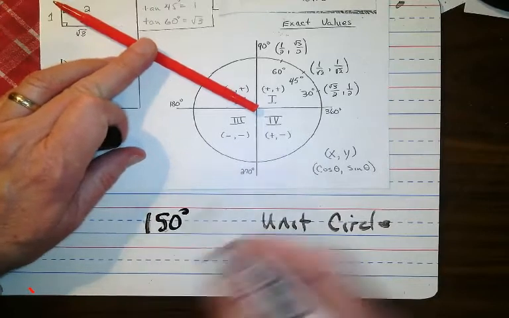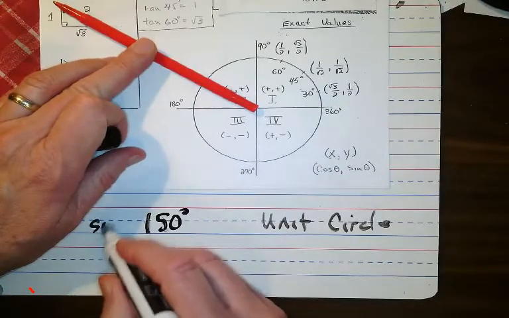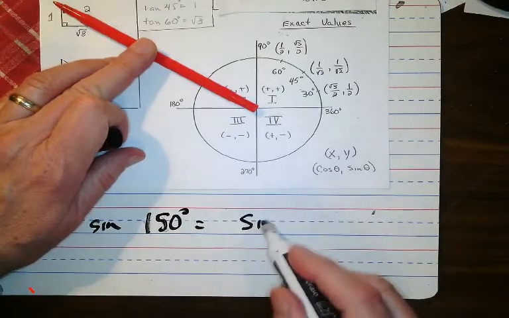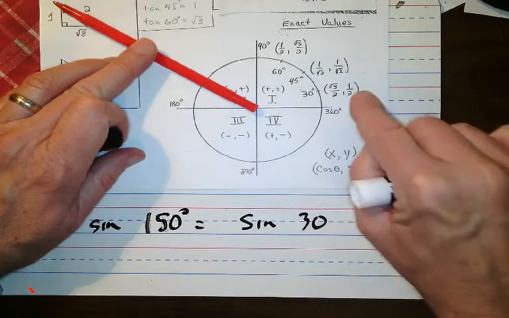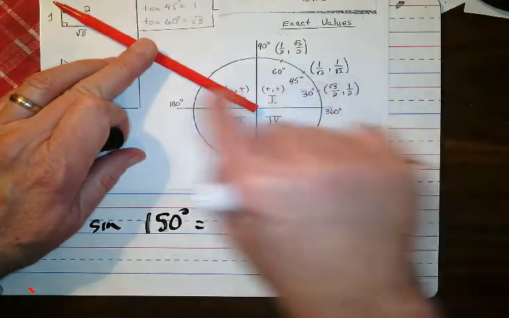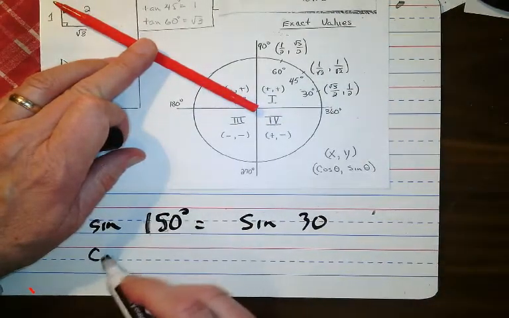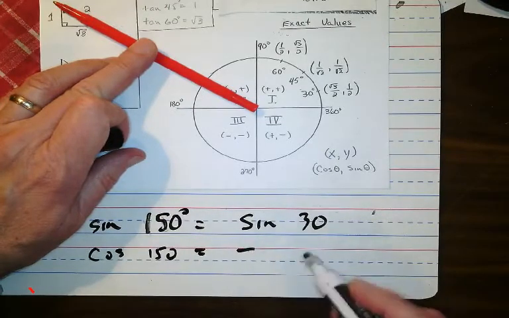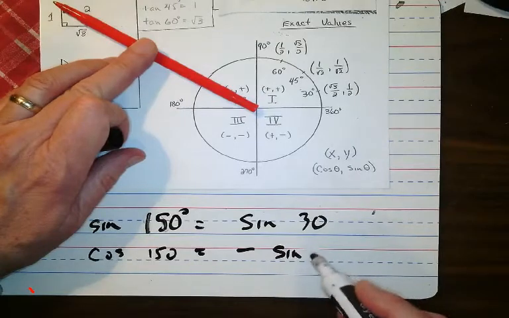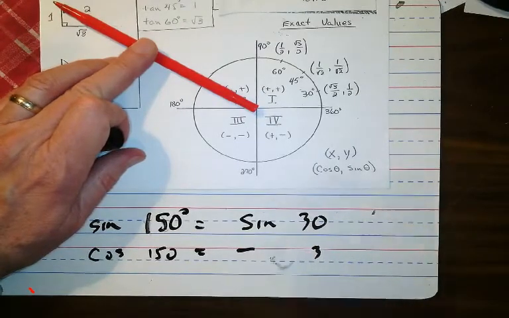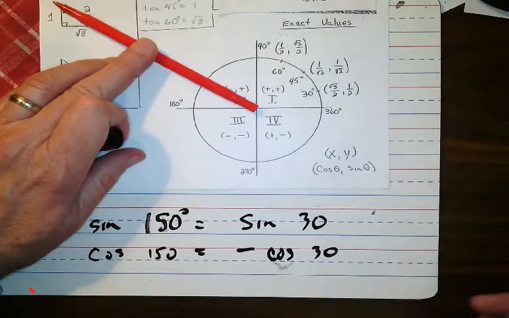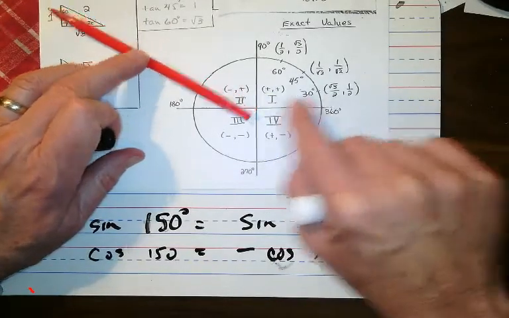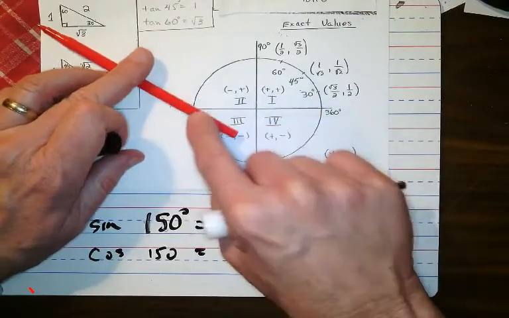So that means that the sine of 150 is the sine of 30. Why? Because the y values are exactly the same. And that means the cosine of 150 is the opposite of the cosine of 30. Why? Because over here the x value is positive and over here the x value is negative, right?